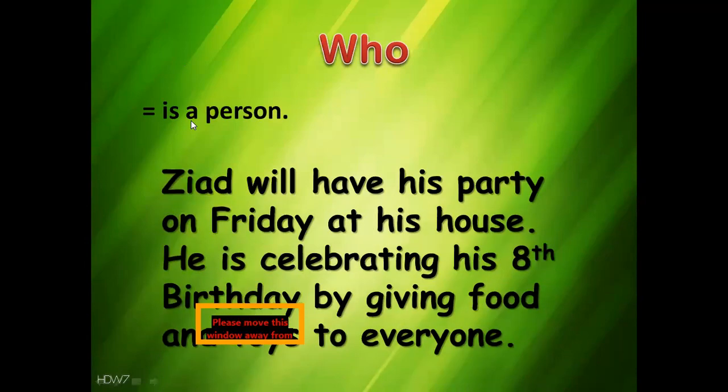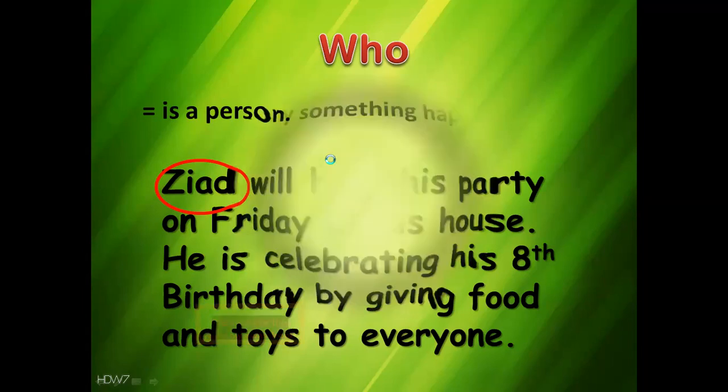Then we have who. Who is used when we ask about a person. Who is Ben? Who is the nurse helping? In this passage, Ziad is a person. Who is giving a party?